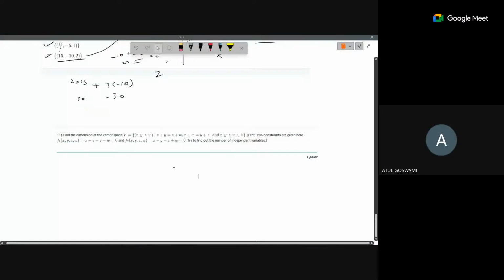Yes, this is an interesting question because it is asking about the dimension, and dimension is the number of independent variables, the number of independent vectors in a spanning set.